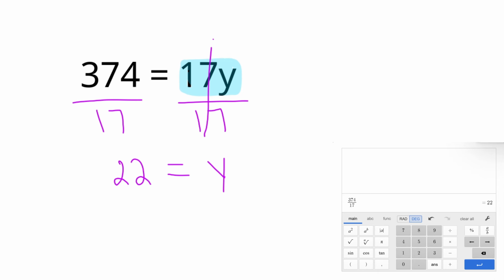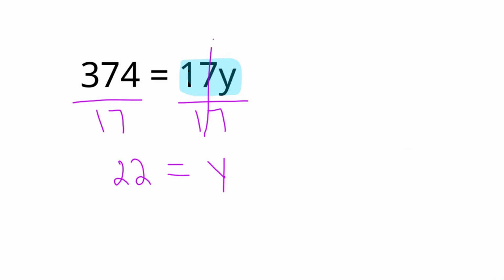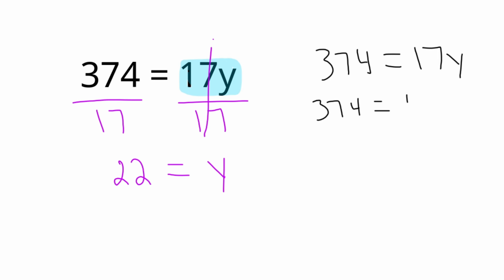Next is to perform a three-step check. First, rewrite your original equation. 374 equals 17 multiplied by a number, y. The next step is to plug in what y is. So we have 374 equals 17 times 22.